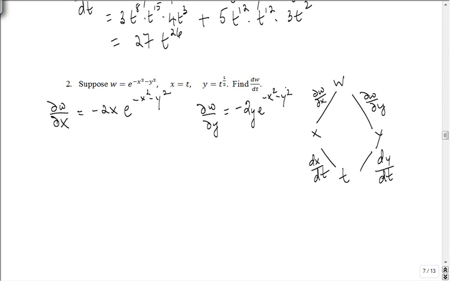Okay? Then find these derivatives. dx dt is just 1. dy dt is a half t to the minus a half.